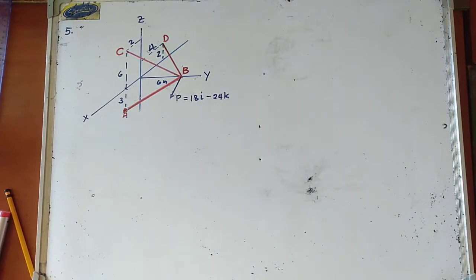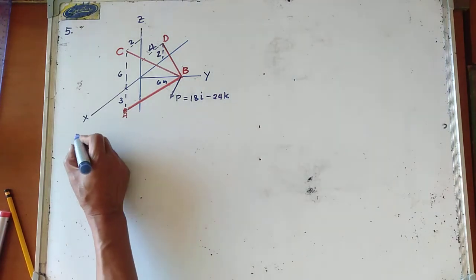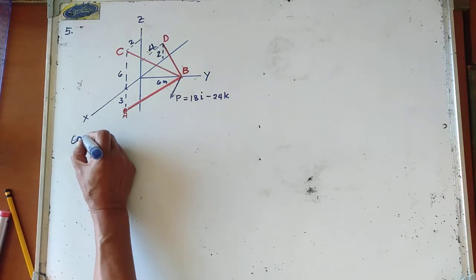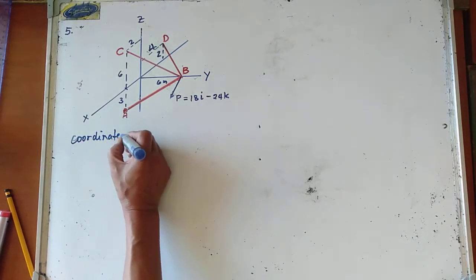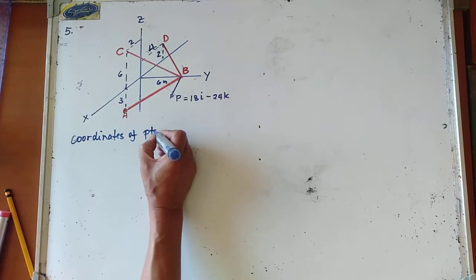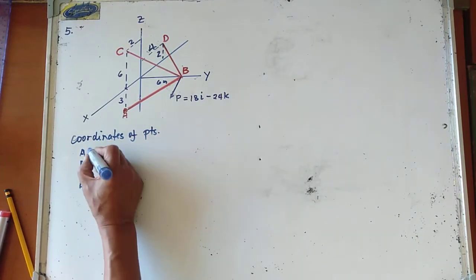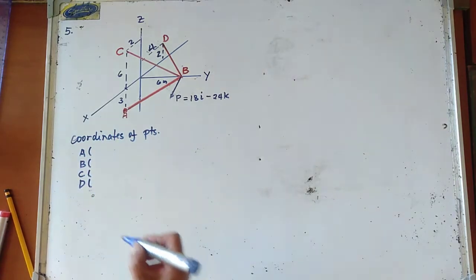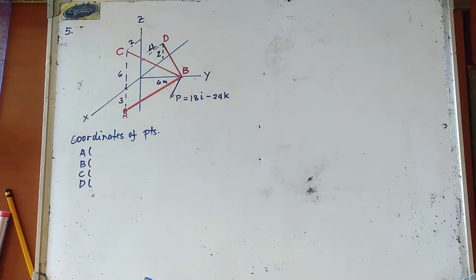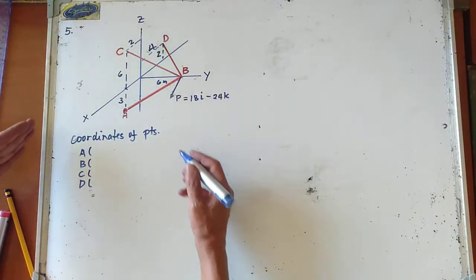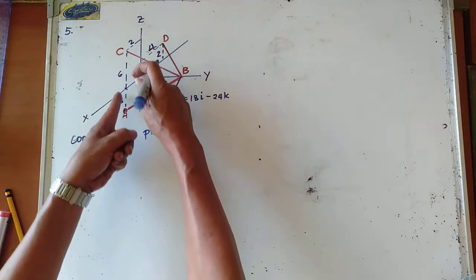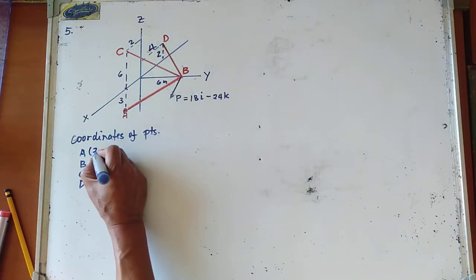So let's try to determine the tensions in the cables and the reactions at point A. First, let us determine the coordinates of points A, B, C, and D. The coordinates of point A: this is the x-axis, so this one is vertical, that is positive 2.